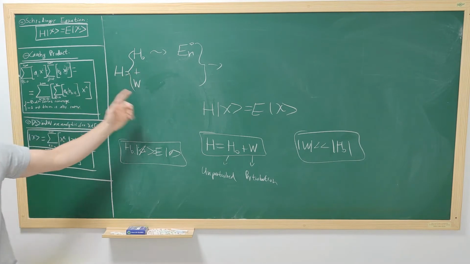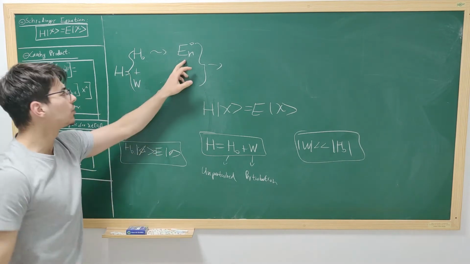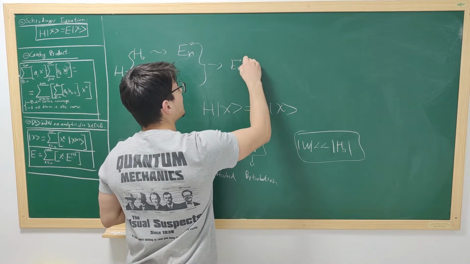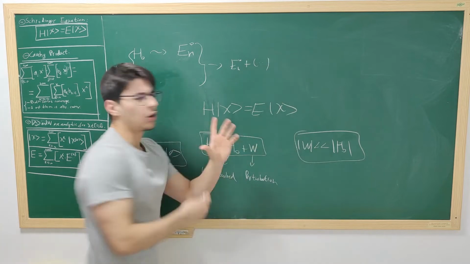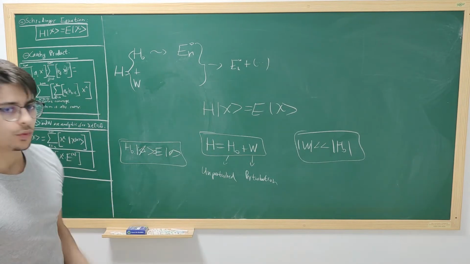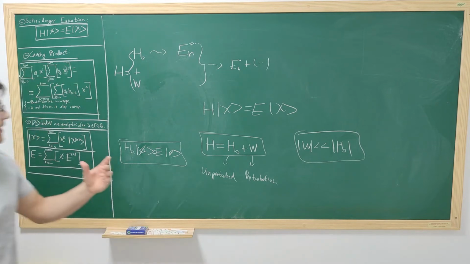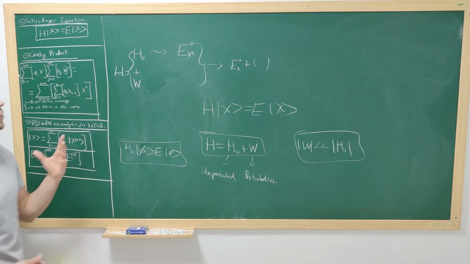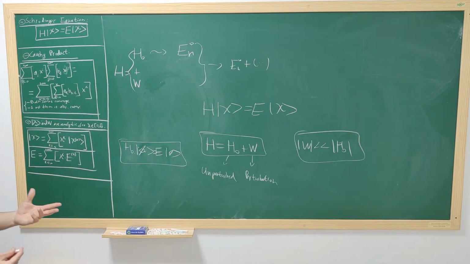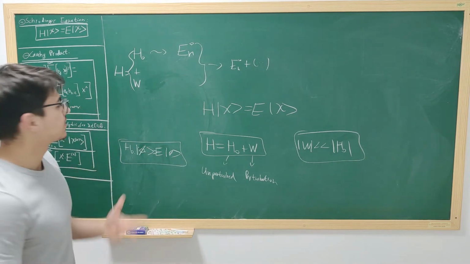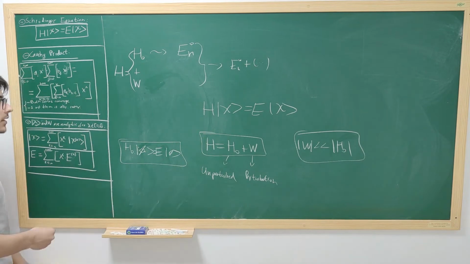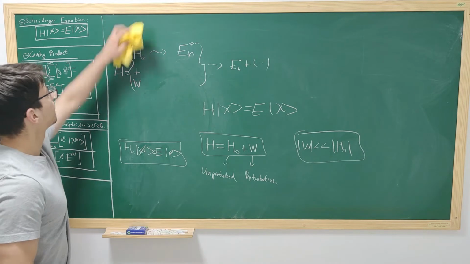If we introduce this perturbation, the energies are no longer going to be En0, they're going to be En0 plus some corrections due to this new factor. So what we will do in perturbation theory is to see what is the form of these corrections, when we can actually apply perturbation theory, and how to get some information about the system, even if we don't know how to solve it analytically.